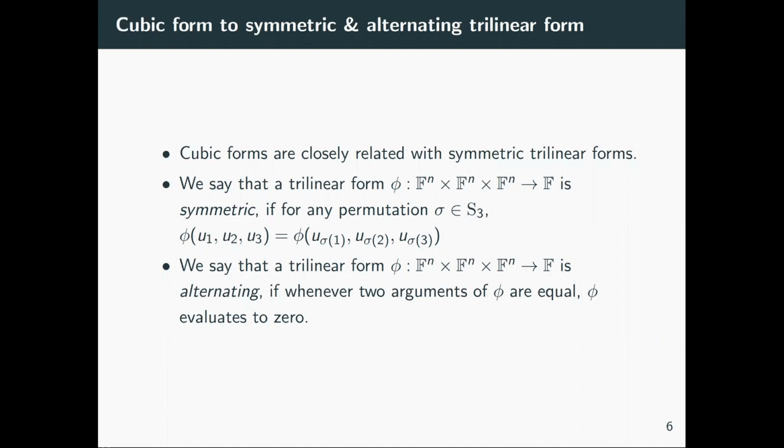A trilinear form phi is a map from F^n times F^n times F^n to F. If for any permutation sigma in S3, we have phi(u1, u2, u3) equal to phi(u_sigma(1), u_sigma(2), u_sigma(3)), we say this trilinear form is symmetric. Also, if phi evaluates to 0 whenever two arguments are equal, we say this trilinear form is alternating.